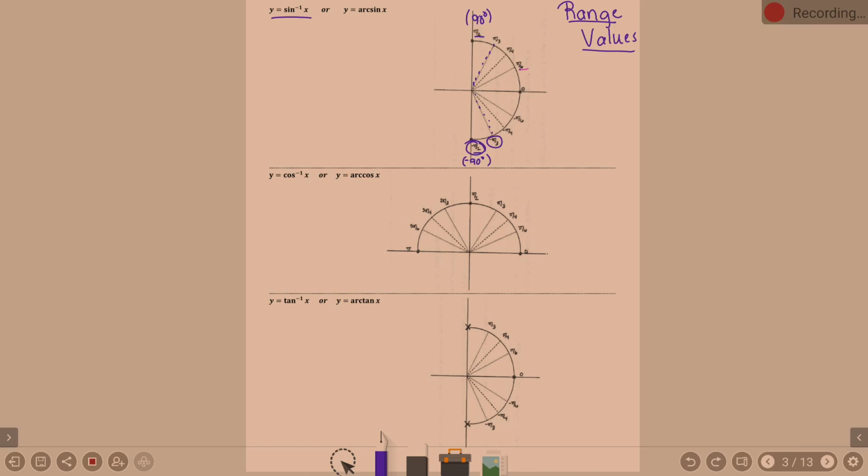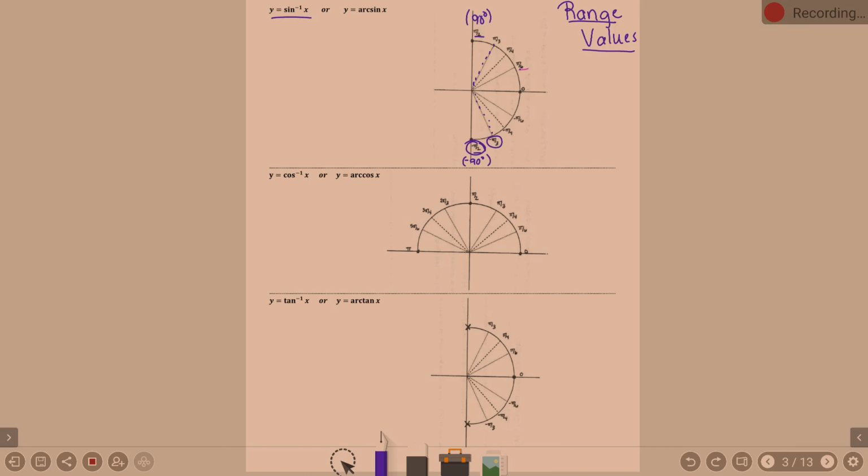Negative pi over 2. So here's the deal, guys. You tell me 3 pi over 2, I get that you're at the right spot, but I technically have to count it wrong. I know, it's annoying, but it's the rules of how the inverse trig functions work.